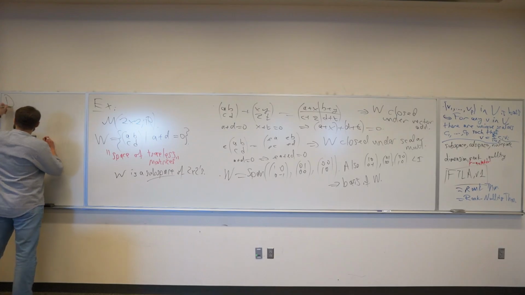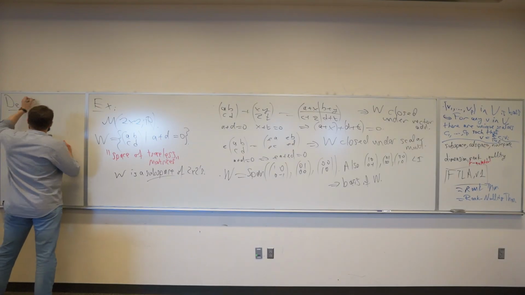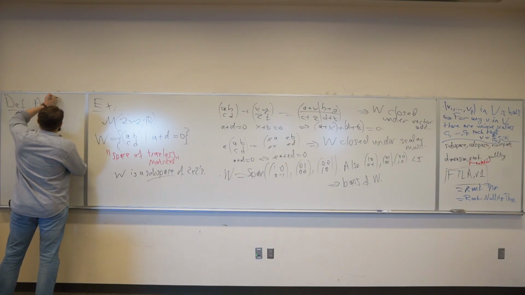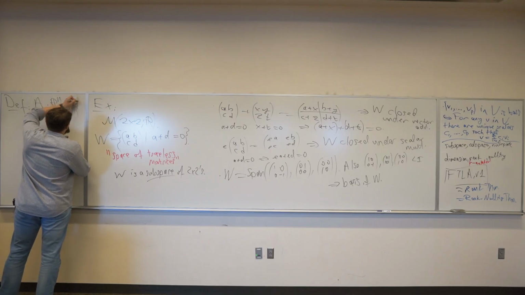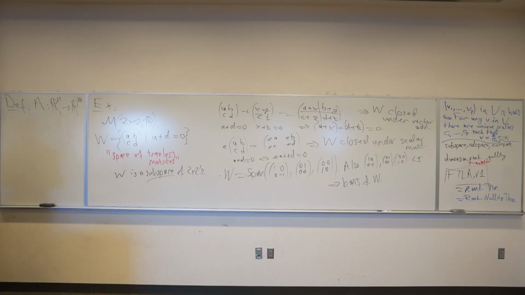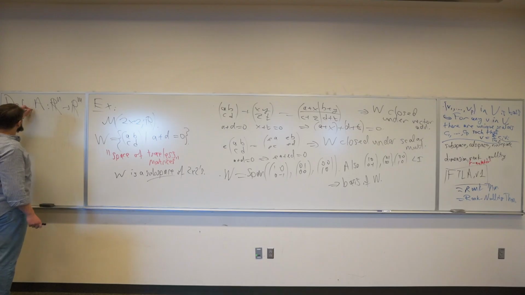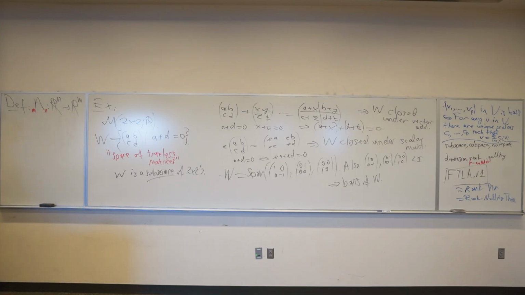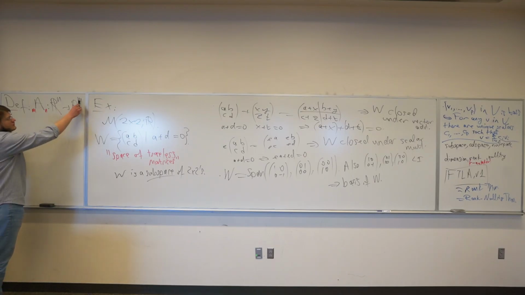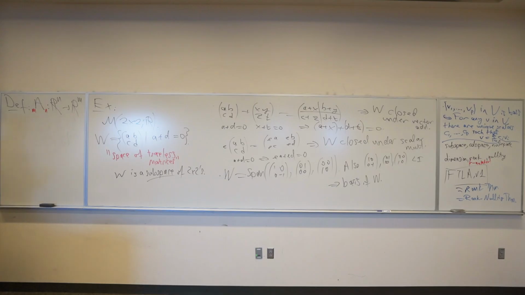So if I have a linear transformation from Rn to Rm, which means, remember, that A is an m by n matrix, then the column space of A is a certain subspace of Rm, of the output space. And the null space of A is a certain subspace of the input space.